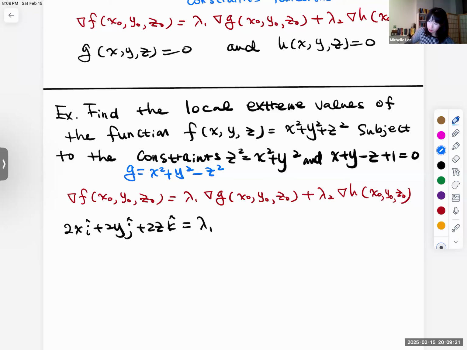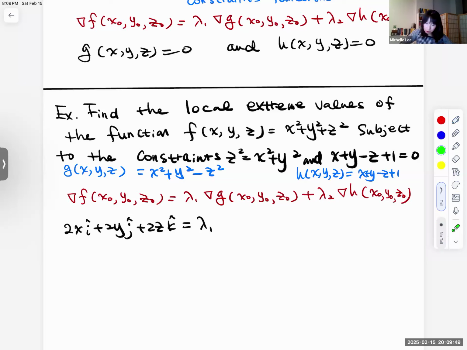Normally we write g of x, y, z, because there are three variables there, right? So h of x, y, z is equal to x plus y minus z plus 1.